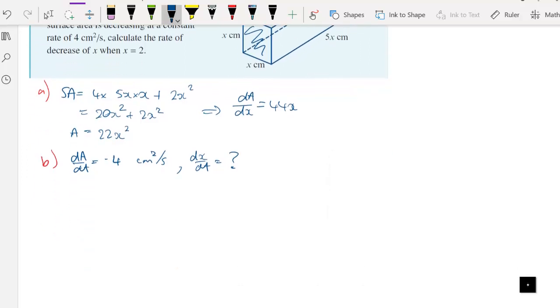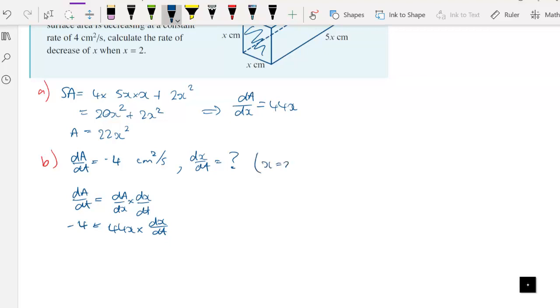So we'll split this up. Remember, we use the one that we've got the rule for, A is equal to 22x squared. So dA dt is equal to, now we split the dA and the dt, we fill in our dx, and we have 44x multiplied by dx dt, which is our unknown, will be equal to -4.